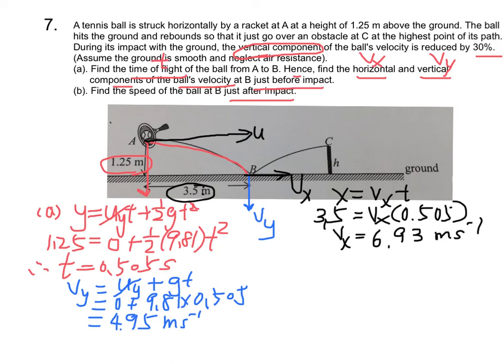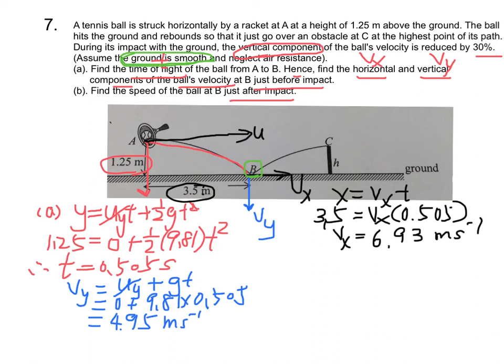Since we assume the ground is smooth, the horizontal component of the velocity of the ball just before impact and just after impact at B are the same.